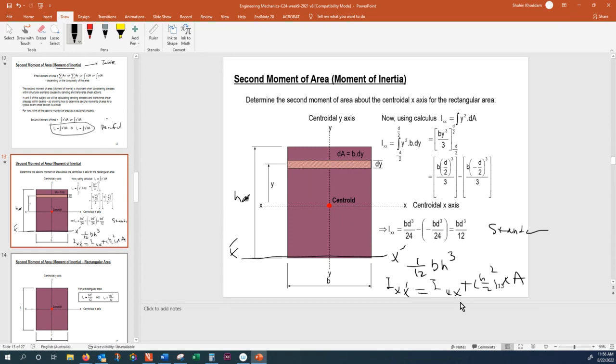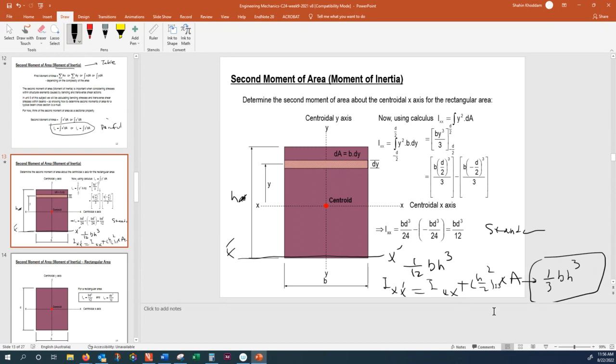After simplification, what you get is 1/3 BH cubed. So this was a simple example where we can see the difference between a standard moment of inertia and non-standard. So also we find out the parallel axis theorem.